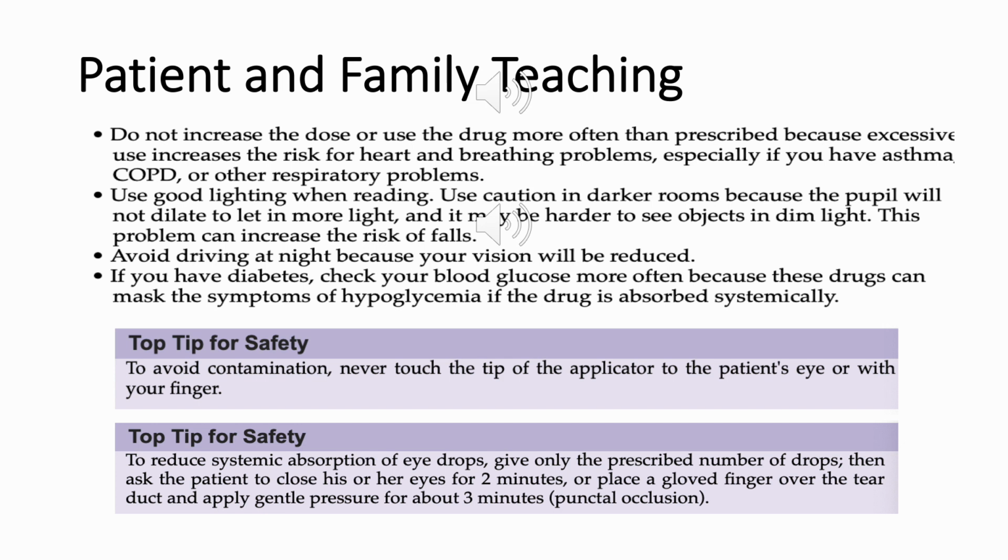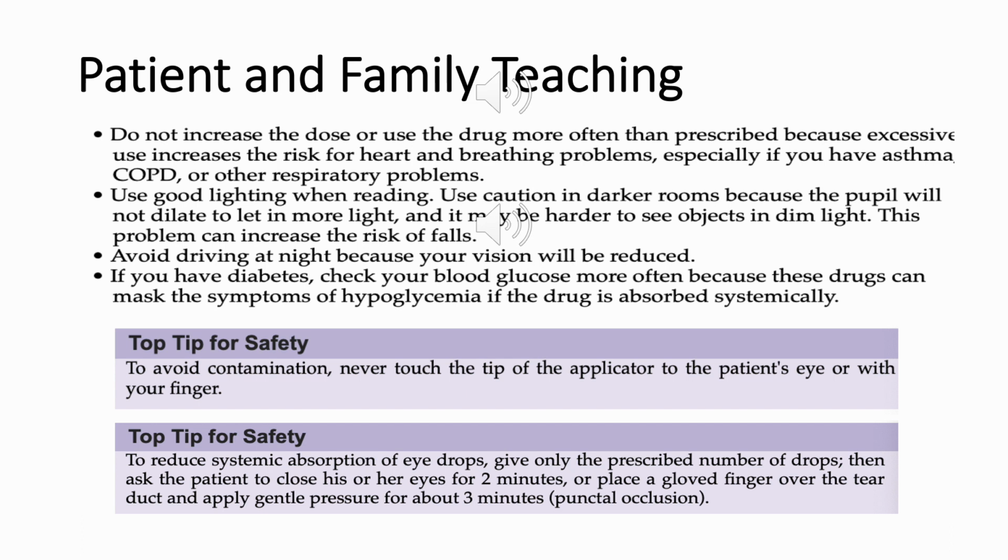Patient and family teaching: do not increase the dose or use the drug more often than prescribed because excessive use increases the risk of heart and breathing problems, especially if you have asthma, COPD, or other respiratory problems. Use good lighting when reading. Use caution to enter darker rooms because the pupils will not dilate and let in more light, and it may be harder to see objects in dim light.